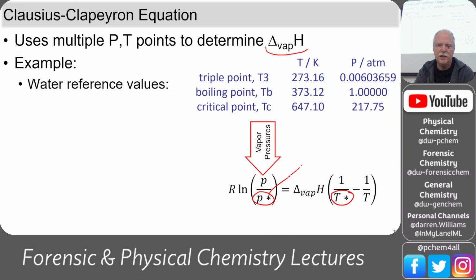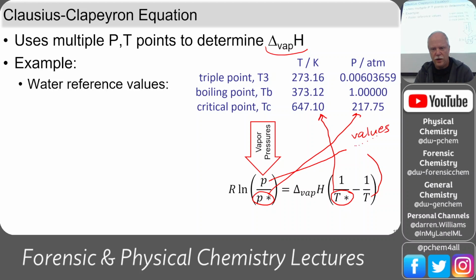And so we could take the critical point pressure and the critical temperature, and those would be our starred values. And then this T and P would be values of interest, right?